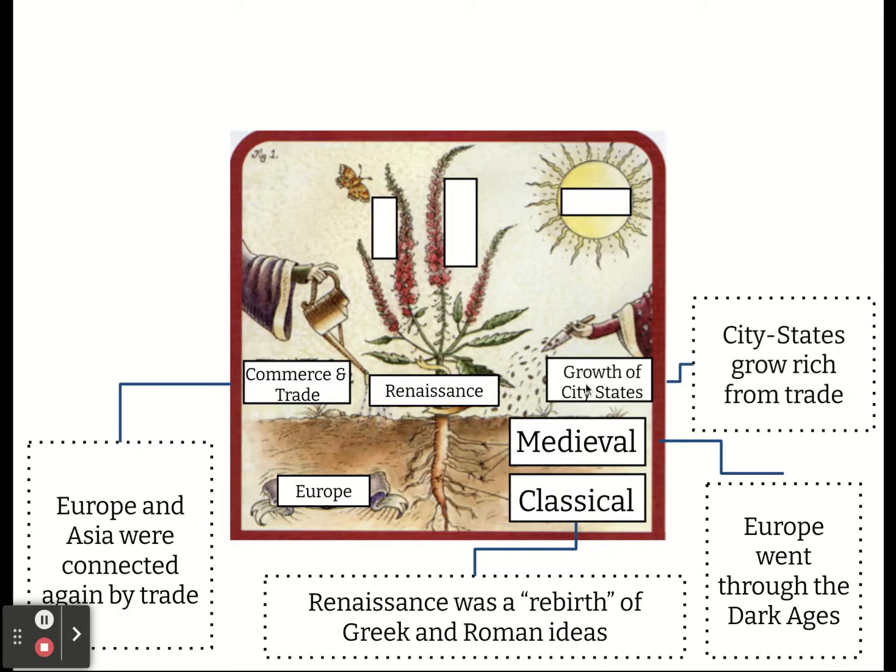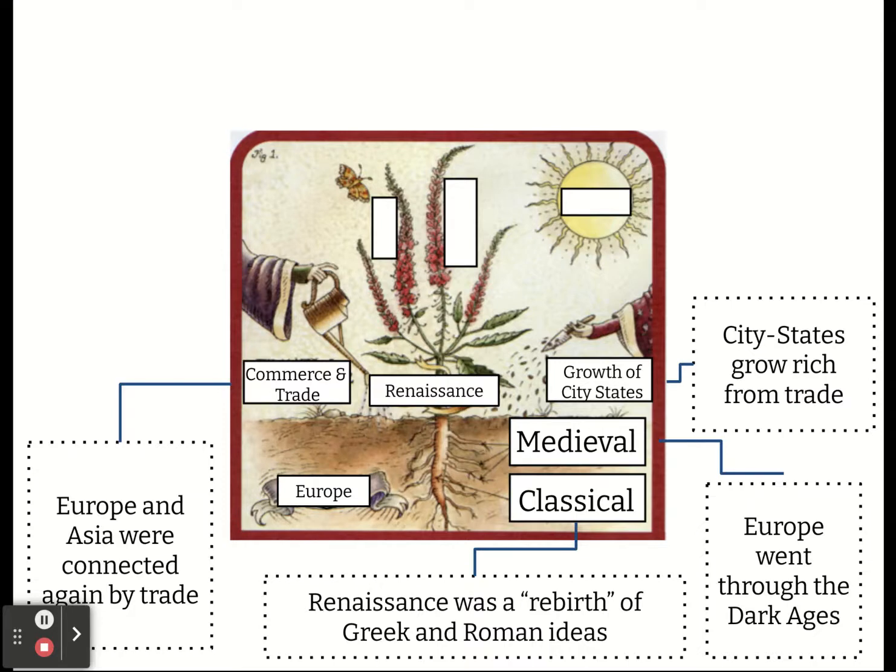But we're also talking about the growth of city-states. And some of those city-states that were growing rich from trade, like Venice, Genoa, Naples, Florence. I don't think I can name them all off the top of my head right this second. But all of those different city-states were growing rich from trade because they were trading again.